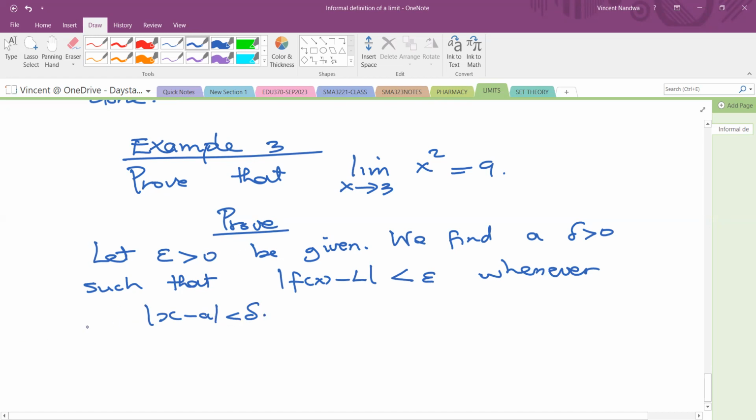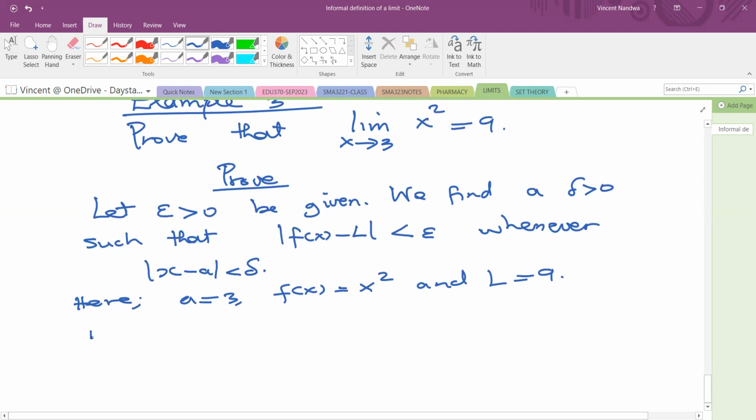And in our case, a is 3, f of x is x squared, and L is 9.